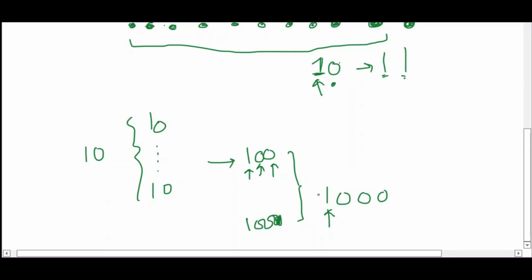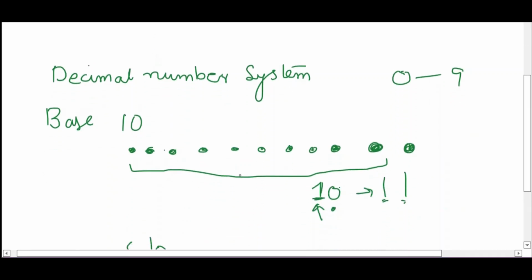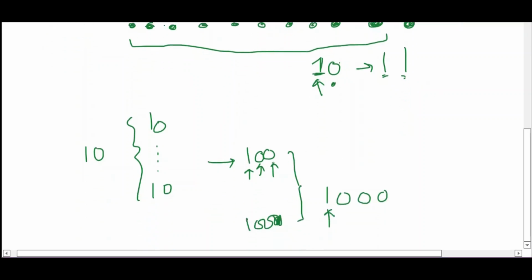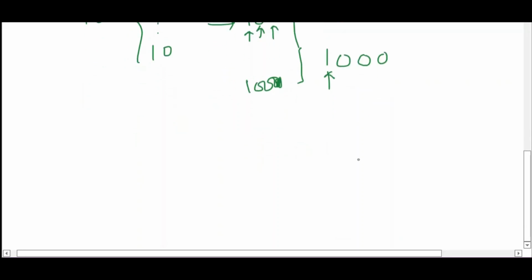When we have a base 10, the digits we have are from 0 to 9, and as we start grouping by 10, we go to two digits. If we have 10 groups of 10, then we have three digits. If we have 10 groups of 10 groups of 10, then we have 1,000, and so on.